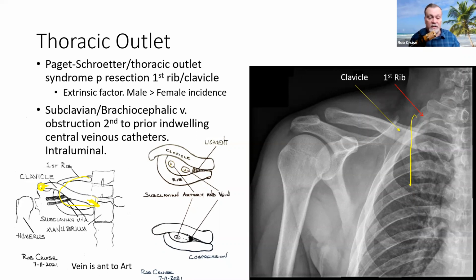This is the subclavian artery and subclavian vein. You also have a ligament that connects the first rib to the clavicle. That's the costoclavicular ligament, and it's right in here.